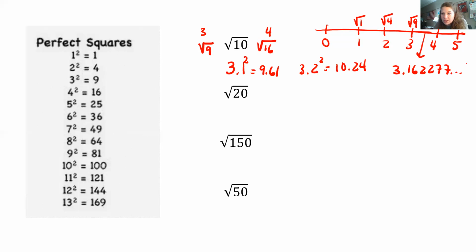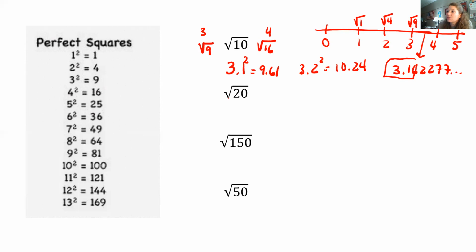All right, so we got pretty close by estimating between 3.1 and 3.2. So if you didn't have a calculator, this helps you estimate the approximate value of non-perfect squares. This is a great skill to have even if you have a calculator, okay?